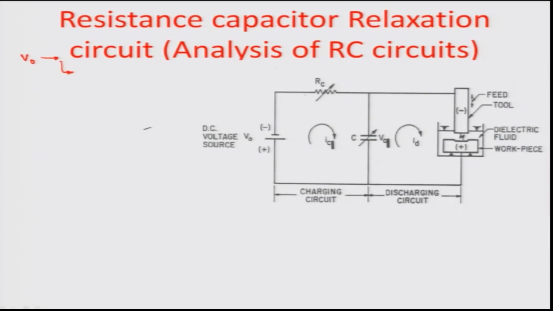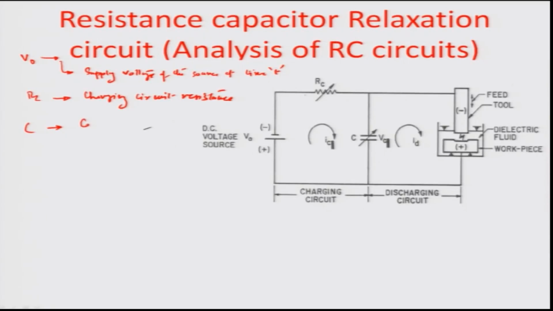V0 is the supply voltage, VCT is the voltage of the capacitor at time t, RC is the charging circuit resistance, and C is the capacitance of the condenser.